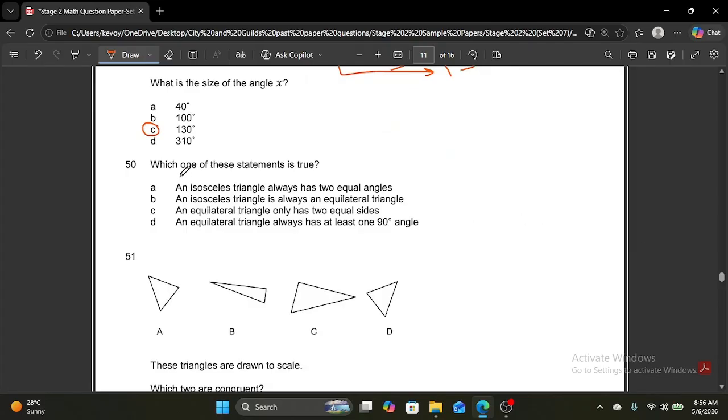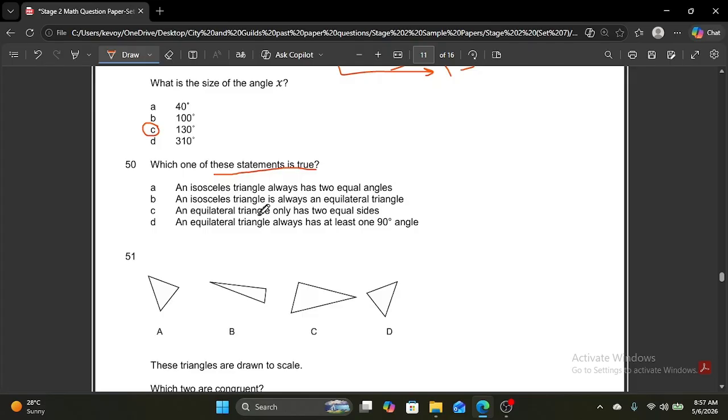50. Which of these statements is true? A, an isosceles triangle has two equal angles. B, an isosceles triangle is always an equilateral triangle. That is incorrect. An equilateral triangle has three equal sides.